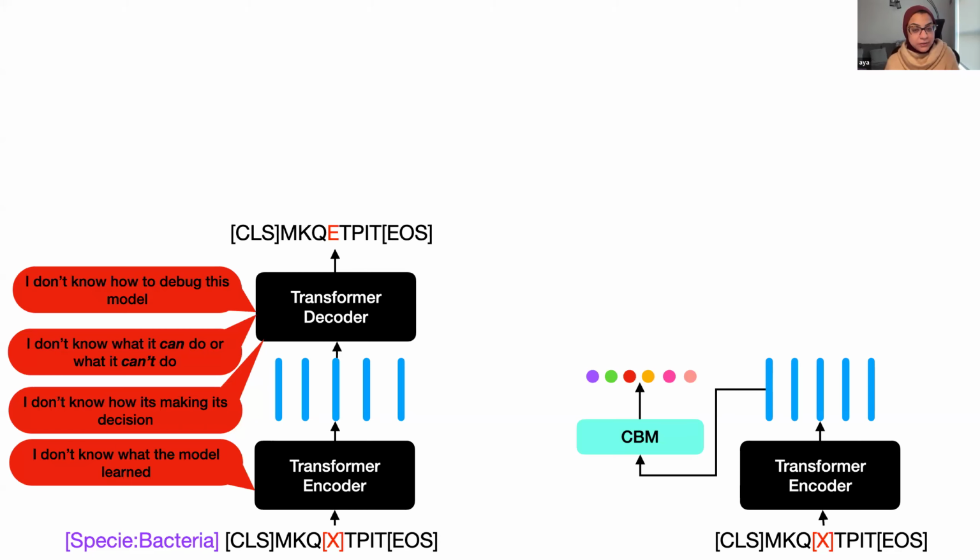But in the concept bottleneck model, we take the first token, which is the CLS token, and pass it through a concept bottleneck module. That module predicts the concepts that were present in this protein.